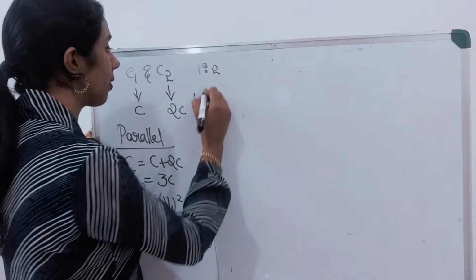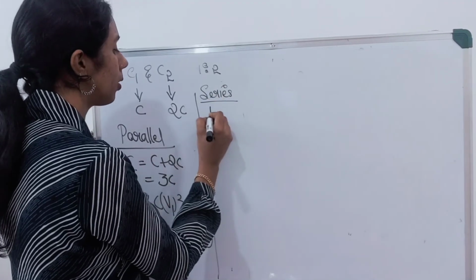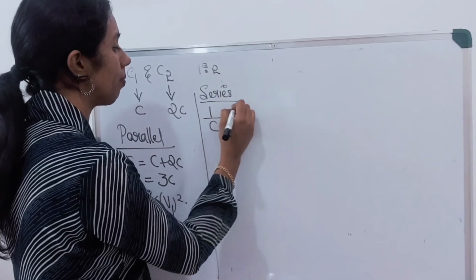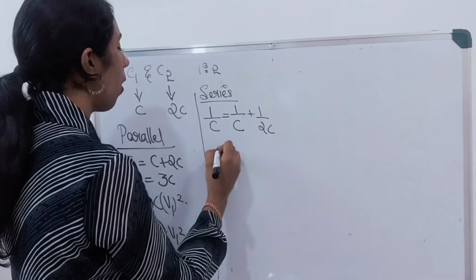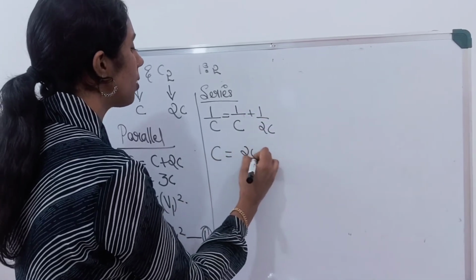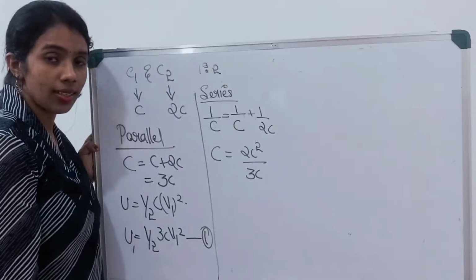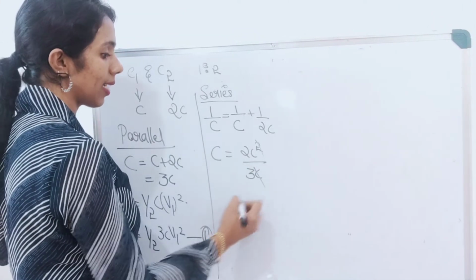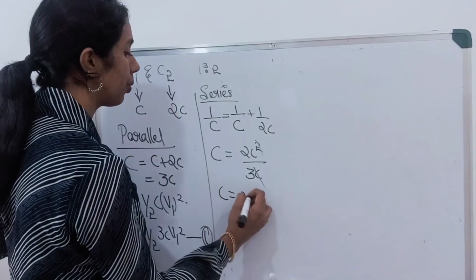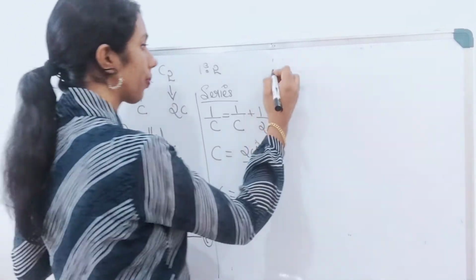Now we consider the series combination of the capacitors. For series combination, for total capacitance, 1 by C will be equal to 1 by C plus 1 by 2C, or C is equal to 2C square divided by 3C. C cancels, so C is equal to 2 by 3 C. Here also we are finding the energy.